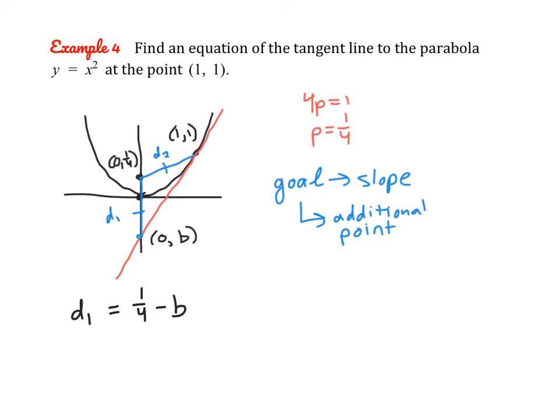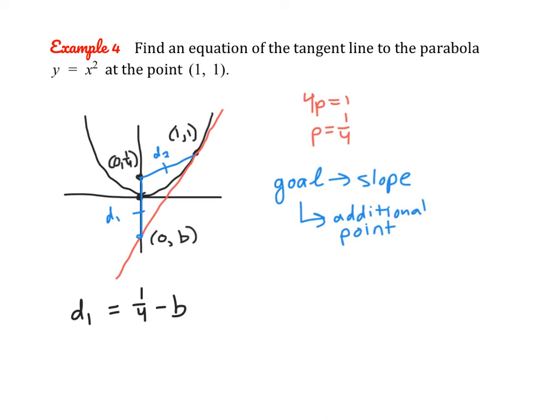I know that you would like to look at it and say, oh, it's 1/4 plus b, but this b value is going to end up being negative, so we're subtracting a negative. We are essentially finding the length of this segment and this segment and adding them up. But remember, if I asked you to find the distance between two numbers, you would subtract the two values, so 1/4 minus b. That's as much as we can define at this point.